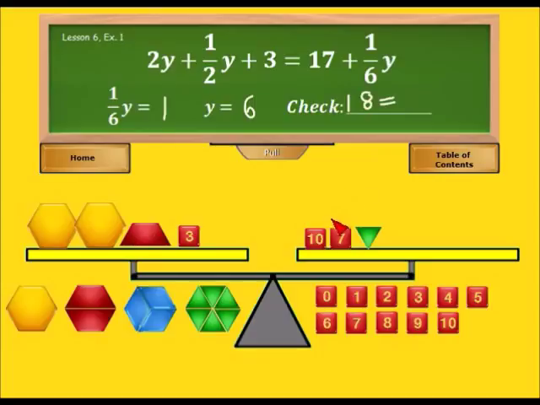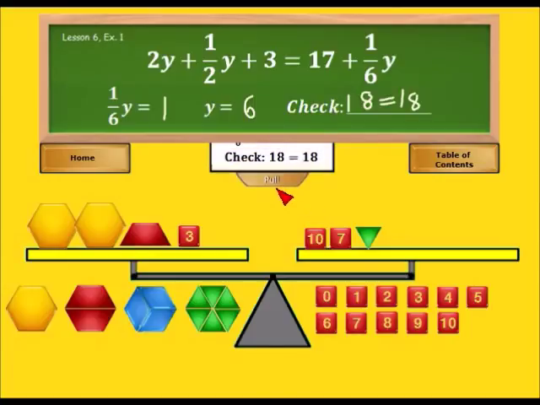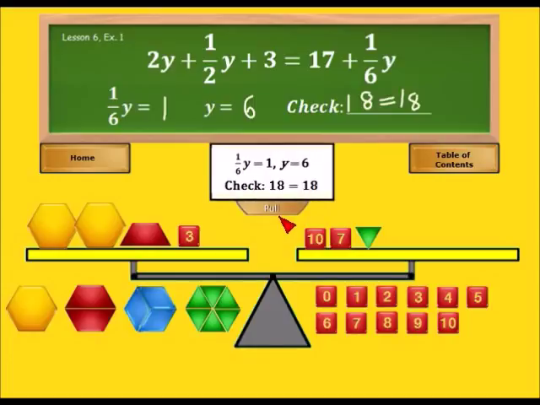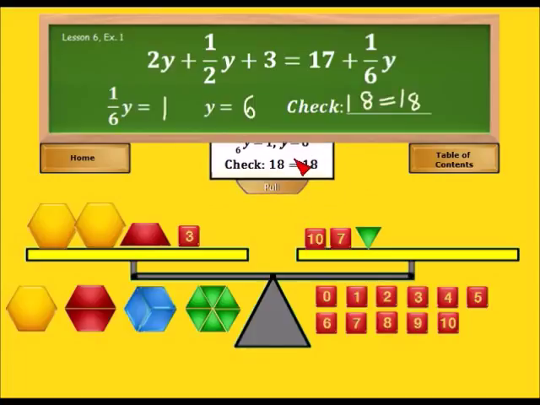And the right side will be 17, and 1/6 of y is 1, so 18. So both sides are equal to 18. And so now we have checked the problem. At this point, we suggest that we pull down the answer tab, and we see that 1/6 of y is 1, y is 6, and the check is 18 equals 18.